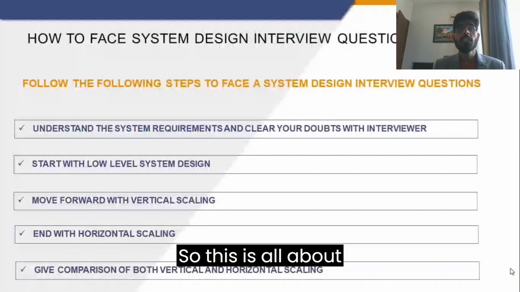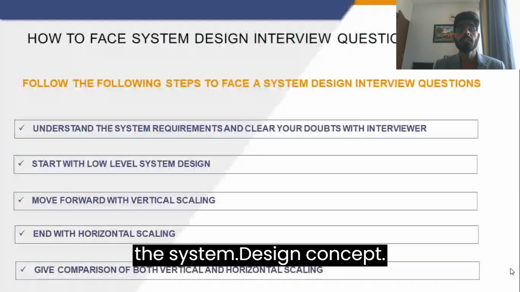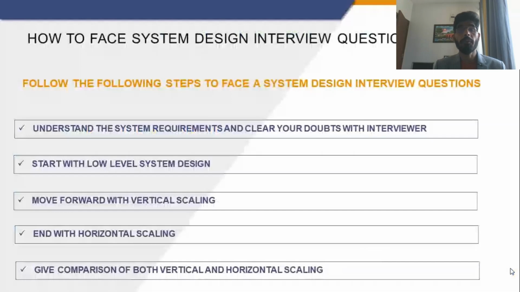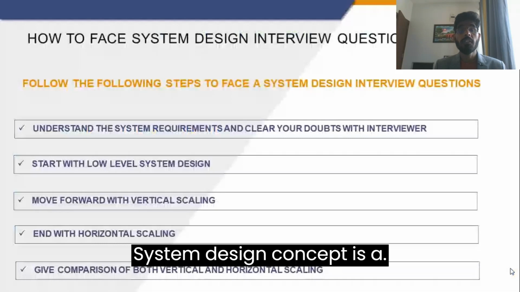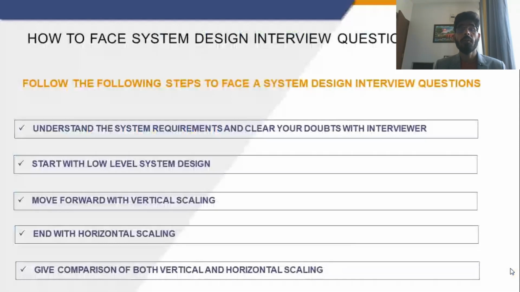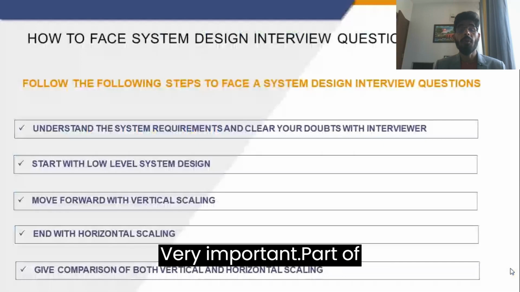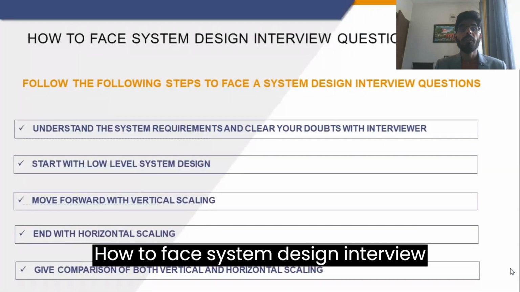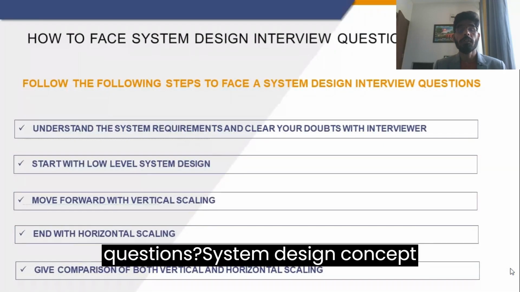So this is all about the system design concept. The system design concept is a very important part of developing any product. How to face system design interview questions?